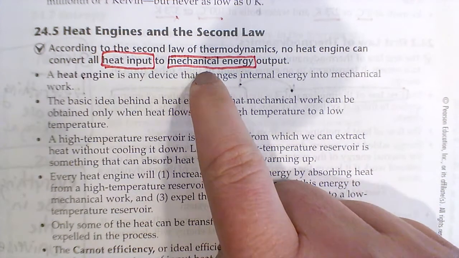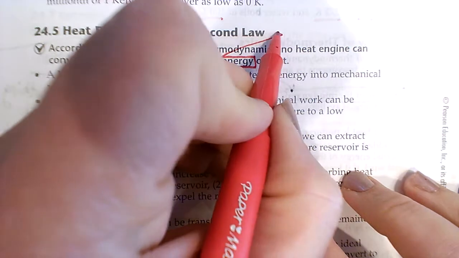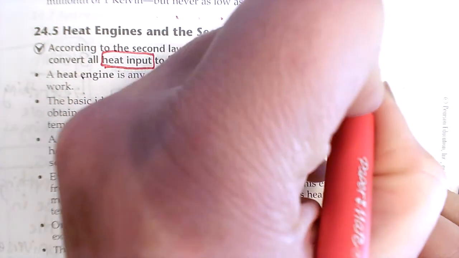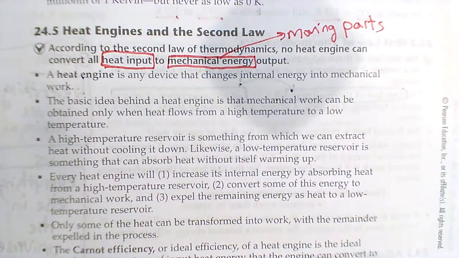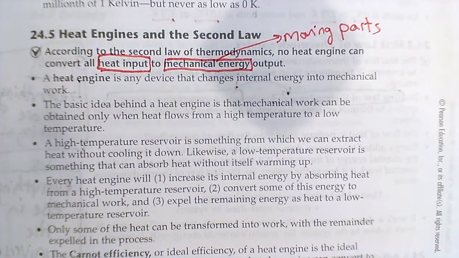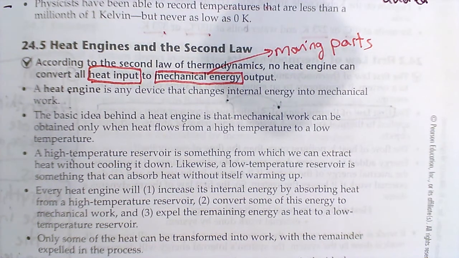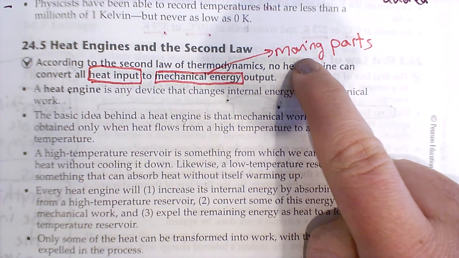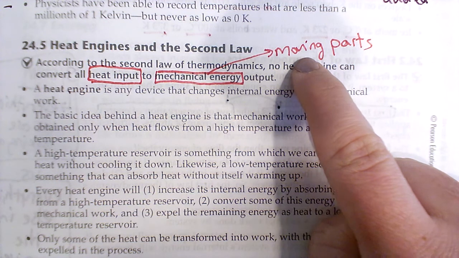Remember, mechanical energy is moving things, moving parts, maybe I should say. In a heat engine, maybe like the one in your car, the moving parts would be initially the cylinders, and then the axles, and then the wheels, and then your car's moving, right?